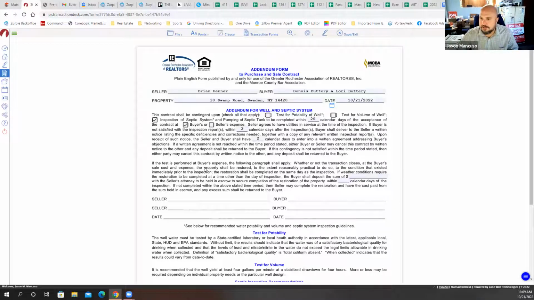Now, if the test is performed at buyer's expense, the following paragraph shall apply, which it is. This blank here is essentially if they got to dig up the ground or whatever, if the yard isn't brought back to the condition it was in, then the buyer is going to deposit a reasonable amount, let's say $250, or maybe I'll say $500, to make sure that the buyer's tied to getting the yard fixed or back into the same condition as much as possible within how many days?